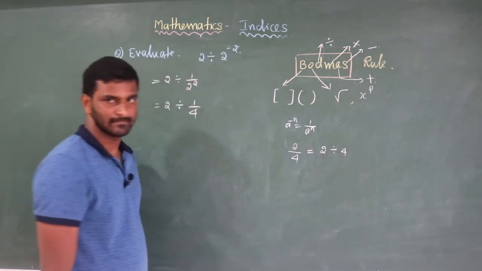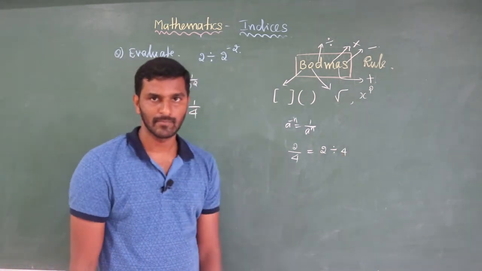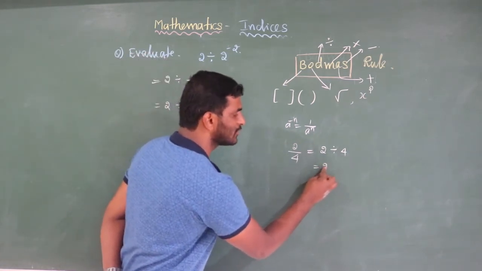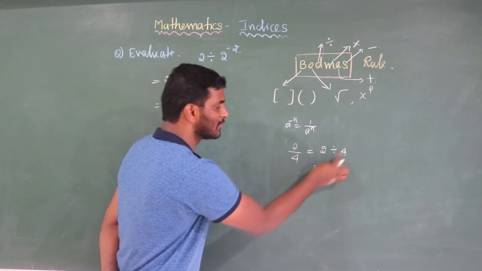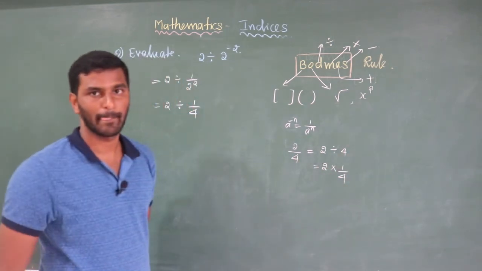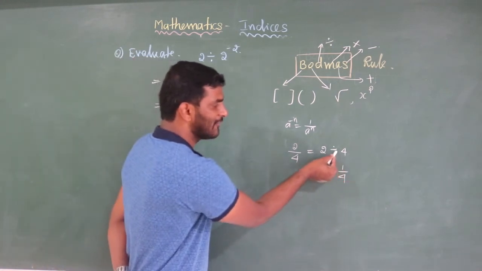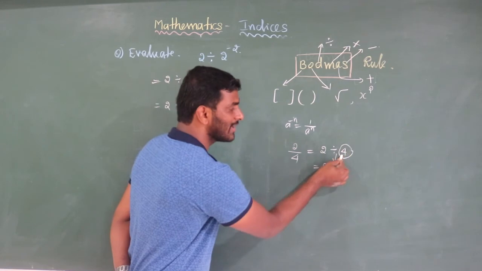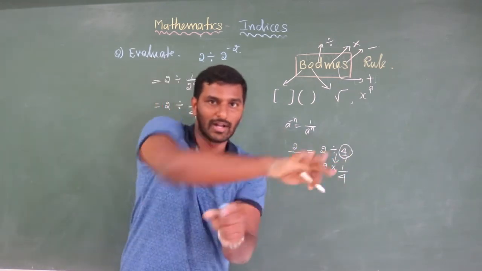Is it correct? And this one we can also write as 2 into 1 divided by 4. Correct? Here, if it is division, it goes to multiplication, and we get the reciprocal.